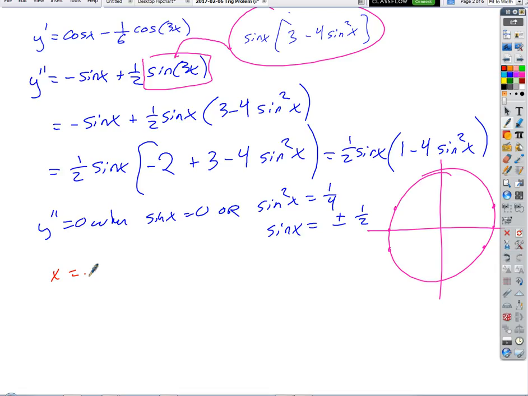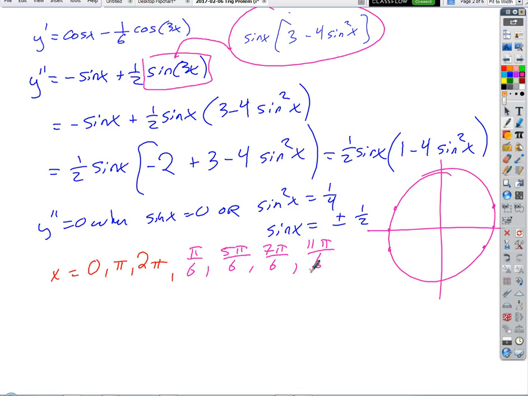The other ones we get are where sine x equals plus or minus 1/2, and those would be pi/6, 7 pi/6, and what else, 11 pi/6. So we get lots of critical numbers for that one.